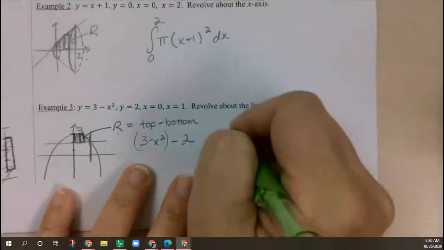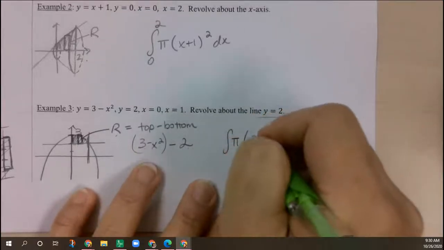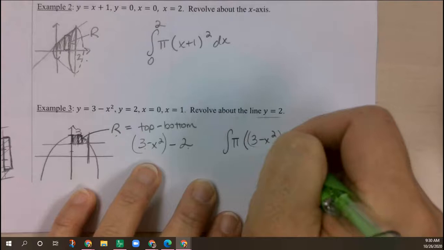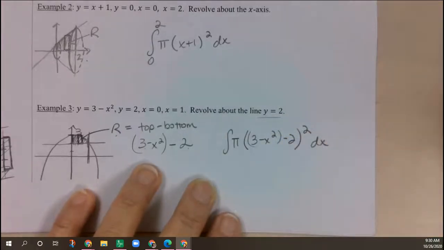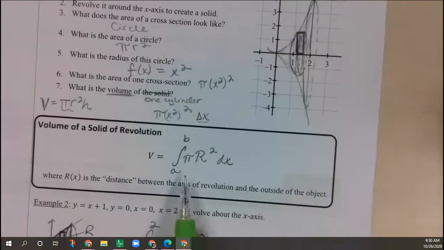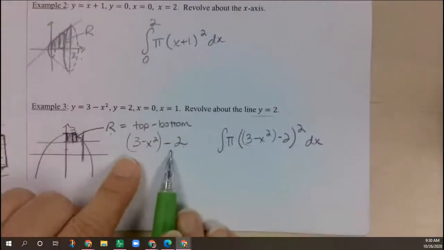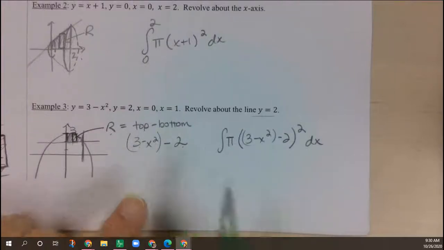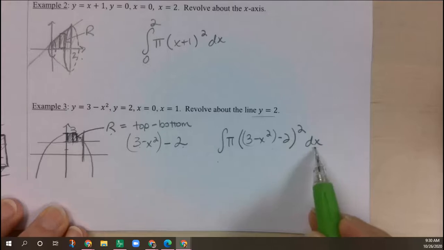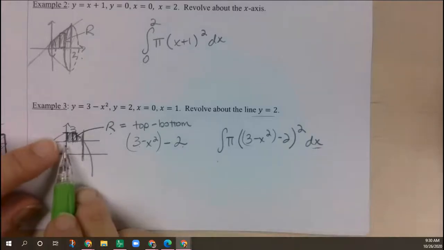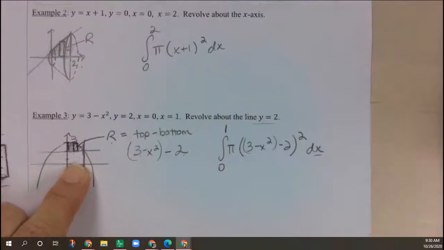And then once I have the radius, I'm going to integrate pi r squared dx, following our formula up here, remembering that r is top minus bottom. And then I'm going to put my limits on here. They should be x numbers because we're doing dx. I'm starting at 0 and going to 1.